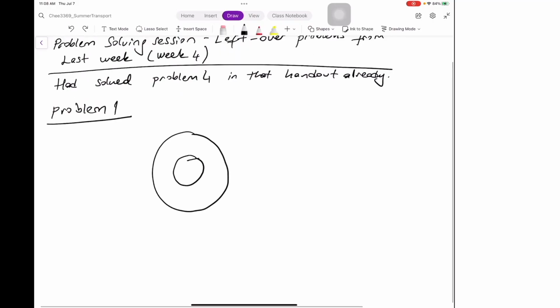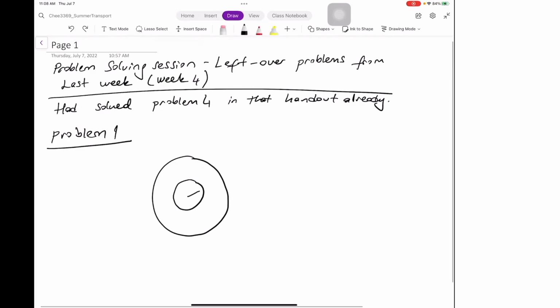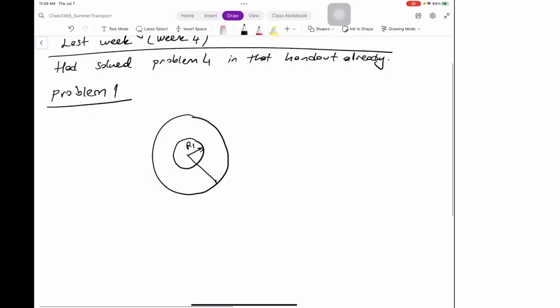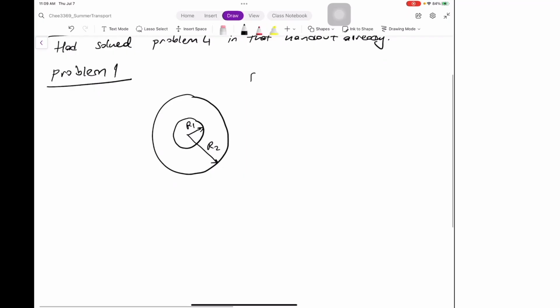and let's say this is R1, this is R2, and R1 is given as 20 centimeters, which is 0.2 meters, and R2 is 50 centimeters, which is half a meter.